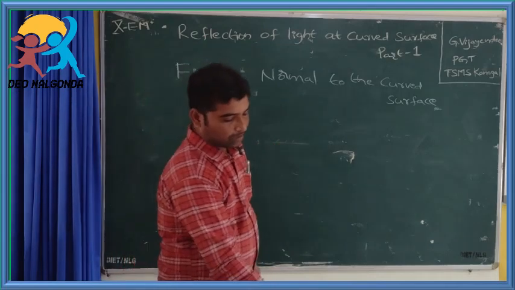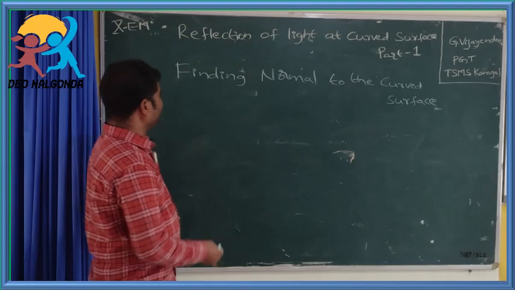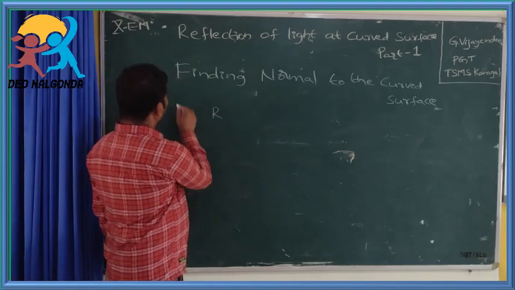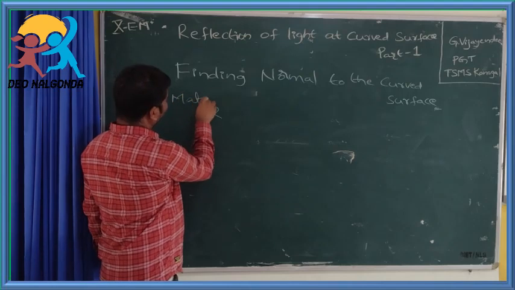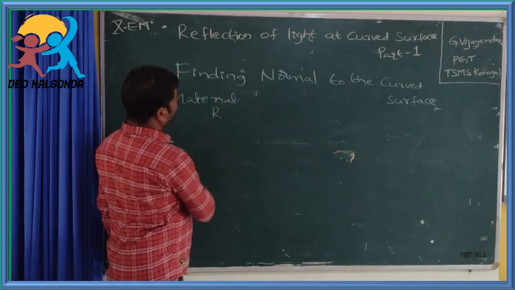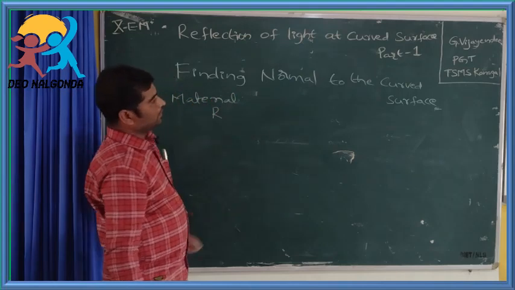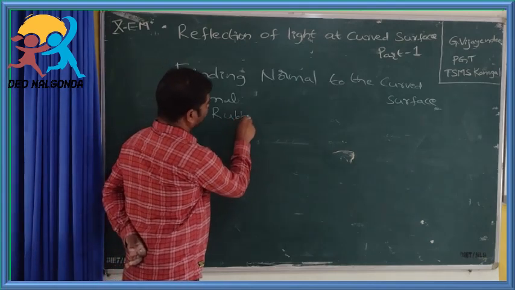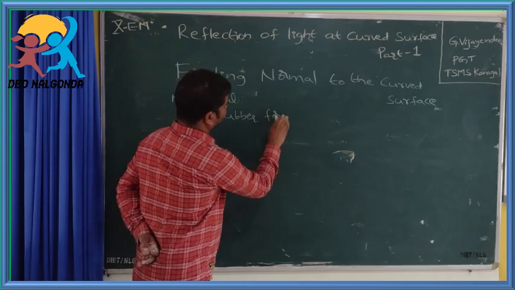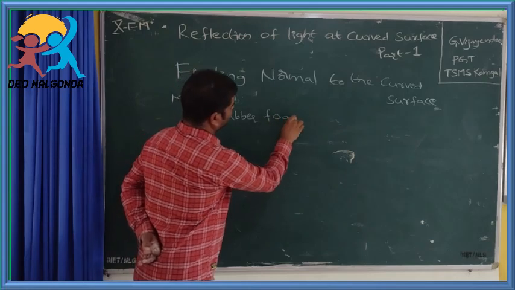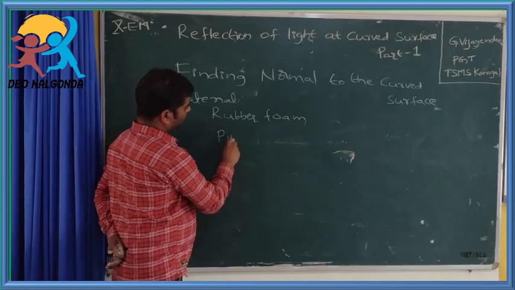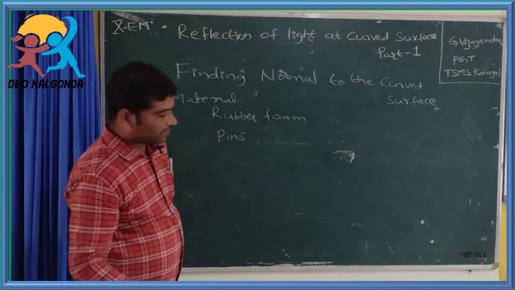The materials required to find the normal to the curved surface are rubber foam and pins.